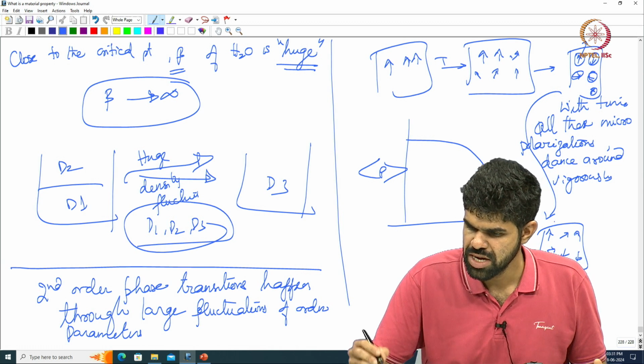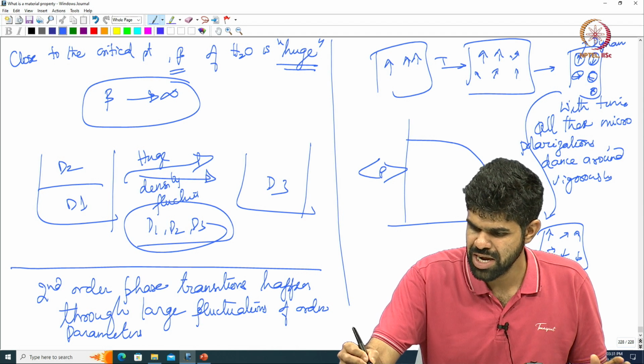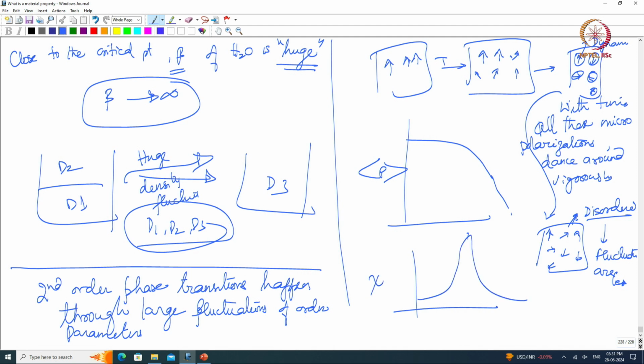So, this is very dynamic, and eventually the dynamics reduce and this is disordered, but fluctuations are less, okay. So, the polarization goes to 0, but if I look at the susceptibility, it goes to almost infinity, right. I mean not almost infinity, it is enhanced at the phase transition.